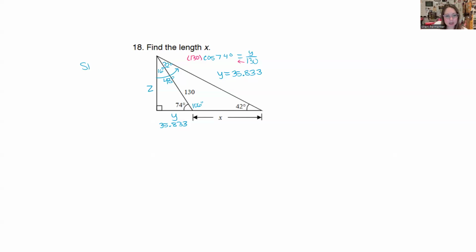So I'm going to have sine of 74 is equal to opposite, which is z over 130. So it looks a lot like my other ratio. And how do I get z by itself? Multiply by 130. So I'm going to type into my calculator, 130 times the sine of 74. Okay, 124.964. So that is z. So I know this side length now.